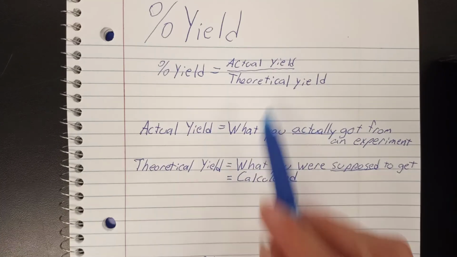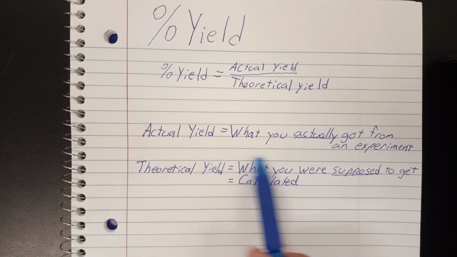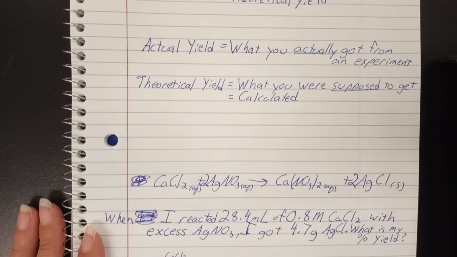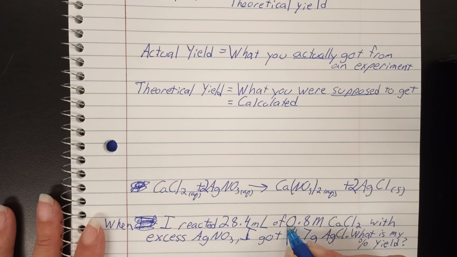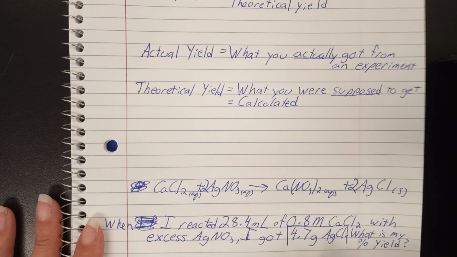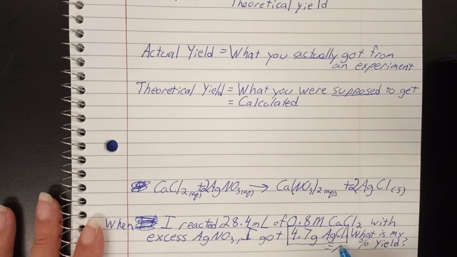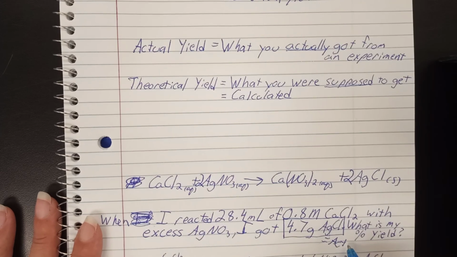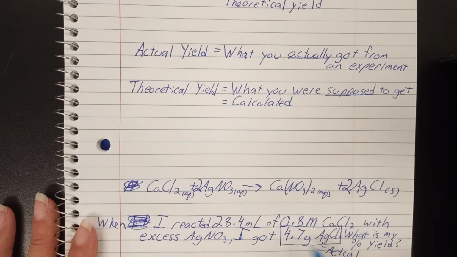So how do we get that answer? Well, I'm going to need an actual yield and a theoretical yield. What we actually got from the experiment is going to be in the question. That's this right here. This 4.7 grams of silver chloride is my actual yield because I really got 4.7 grams.